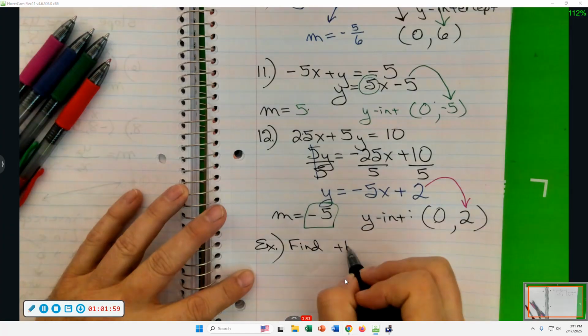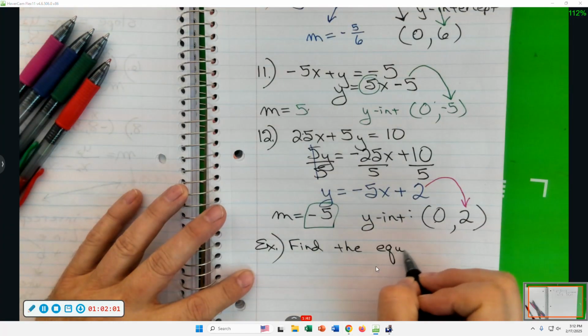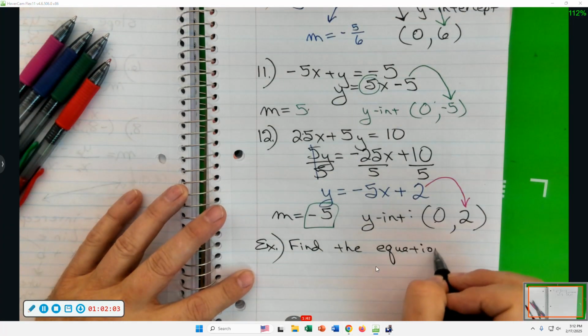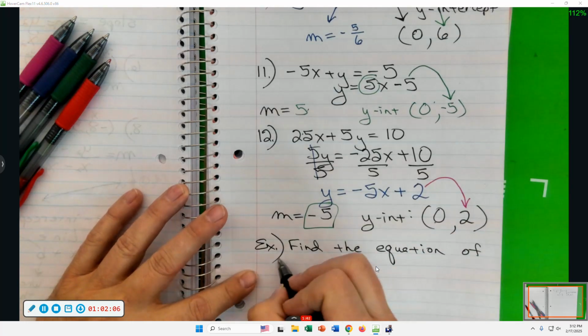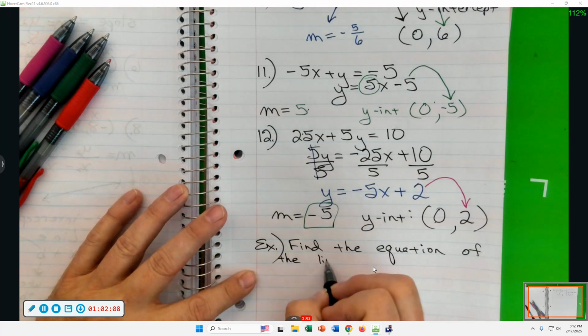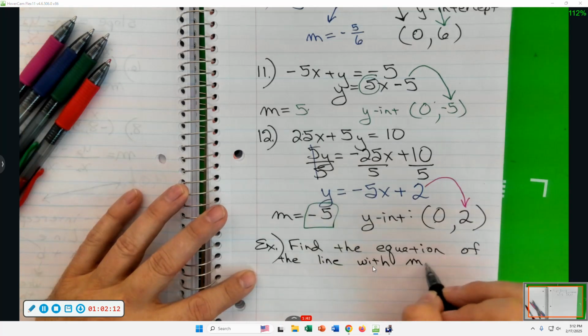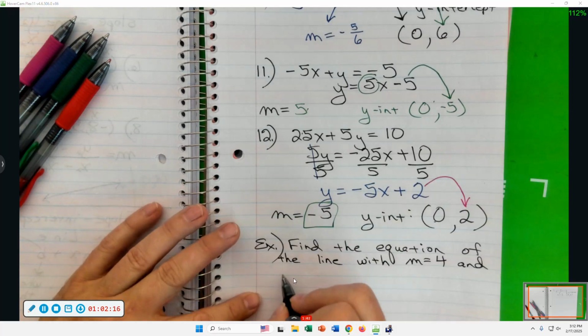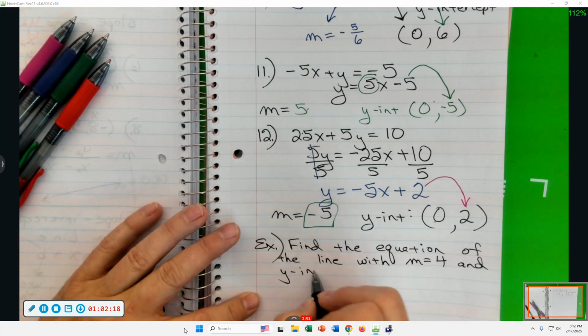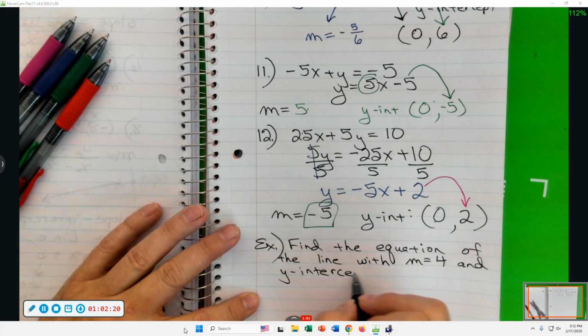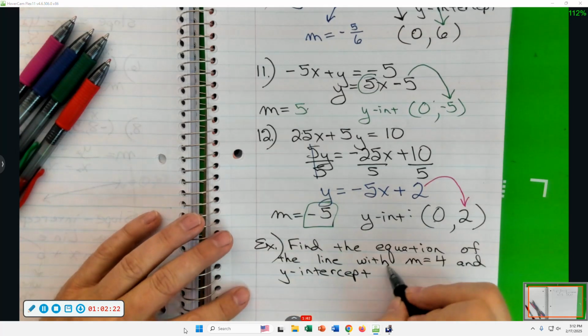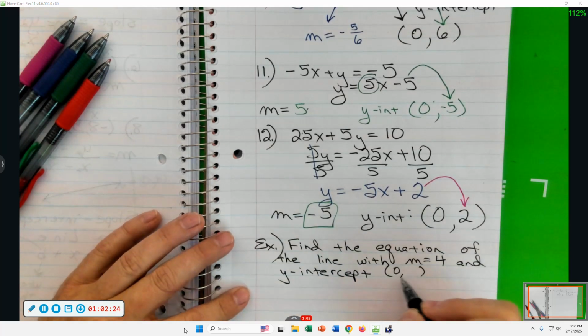Now, what's this example you've made up? Okay. Find the equation of the line with slope equal to 4 and y-intercept 0, 3.